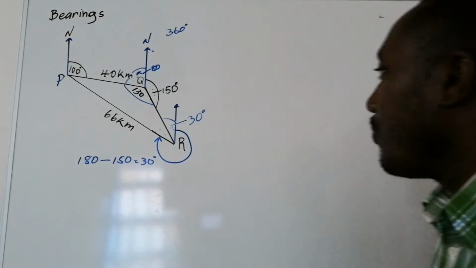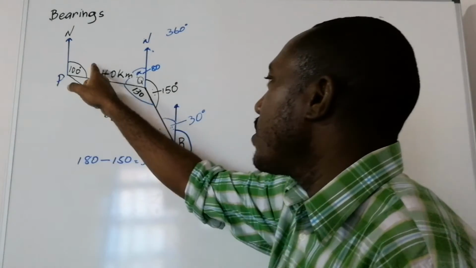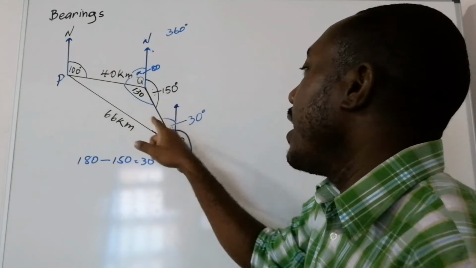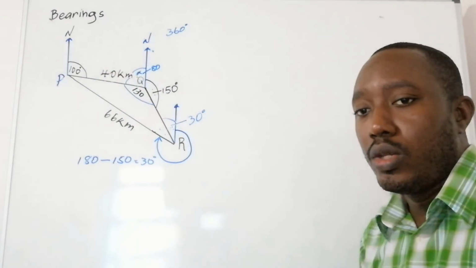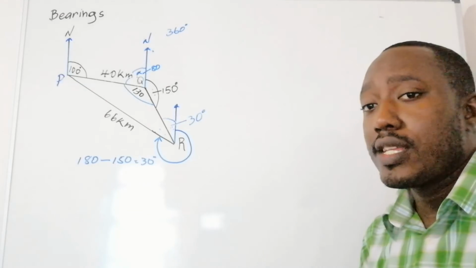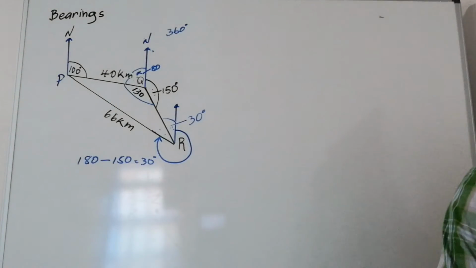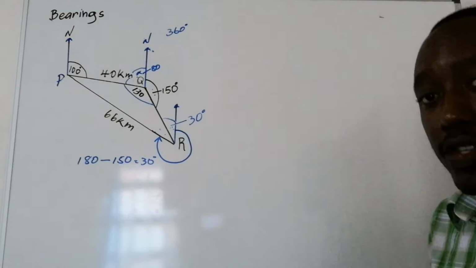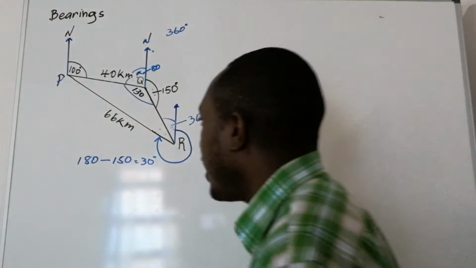When we have an angle and a side opposite that angle, and we need to find the angle opposite another side, what would we use? If you said sine rule, you are absolutely correct. So let us use our sine rule to get our angle.